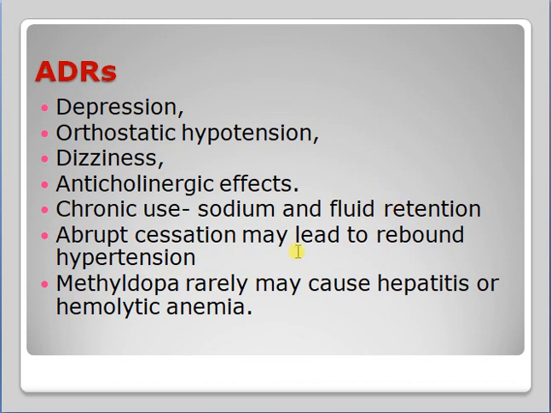Then abrupt cessation, meaning sudden stoppage, can lead to rebound hypertension. So we can't stop those drugs suddenly. And methyldopa can produce some rare events like hepatitis and hemolytic anemia in some cases. Methyldopa is the safest drug that can be utilized in pregnant women also.